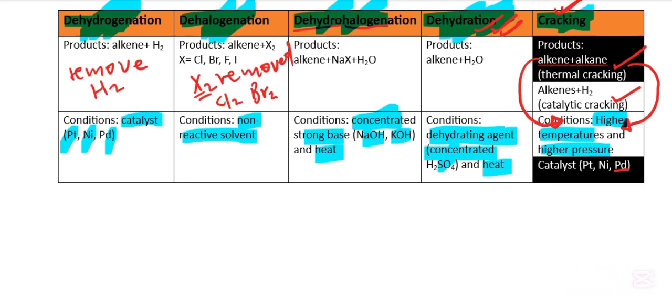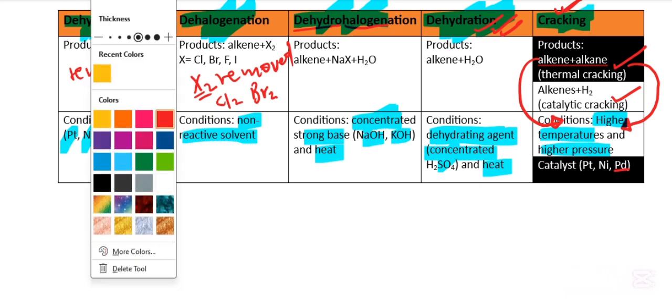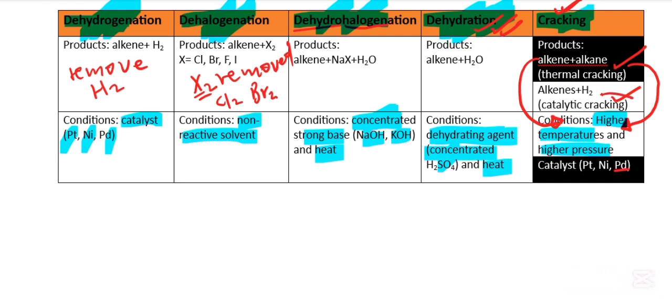Then we have catalytic cracking. So catalytic cracking needs a catalyst. As you can see, we need a catalyst. So once again, a catalyst can be platinum, it can be nickel, it can be lead.